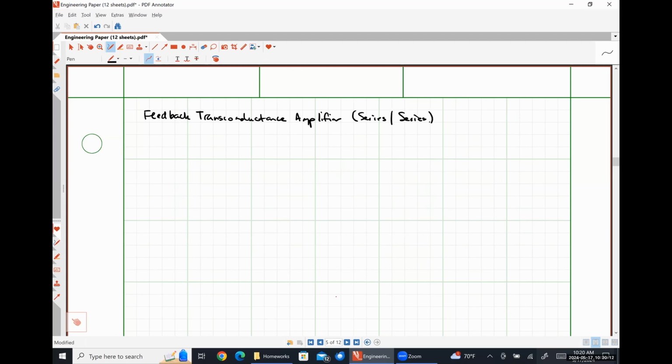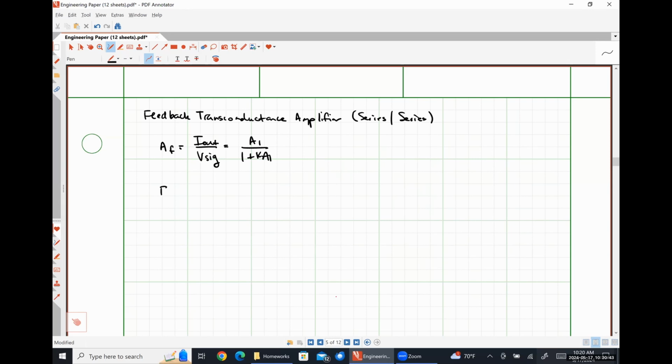So my gain with feedback: my input signal is going to be a voltage, my output signal is going to be a current for a transconductance amplifier. So this is going to be the ratio of the output current to the signal voltage, which should just be A1 over 1 plus K A1.